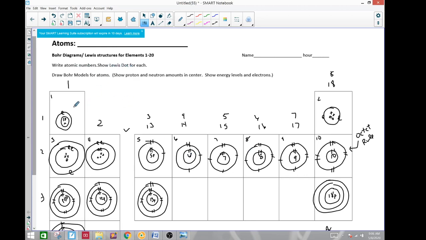All right, Lewis dots. So I'm going to just do a couple of them here. So this whole family has the same Lewis dot. This will be hydrogen with one dot. All right, this guy here would be lithium, and I'll put it right out of room. Lithium with one dot. This is helium.